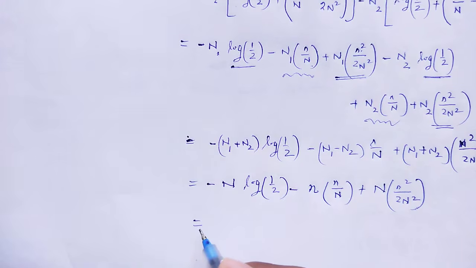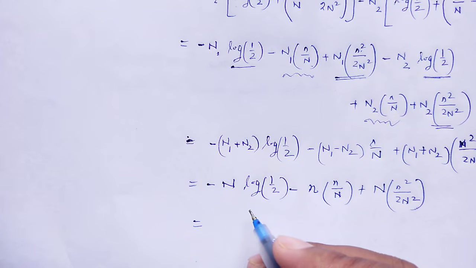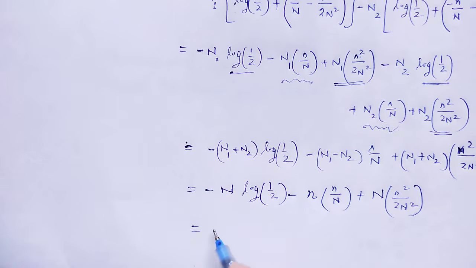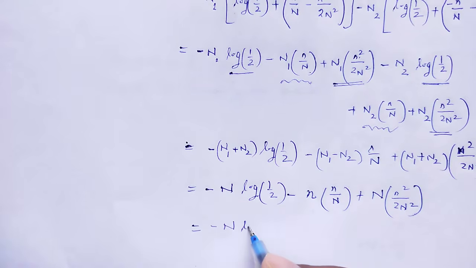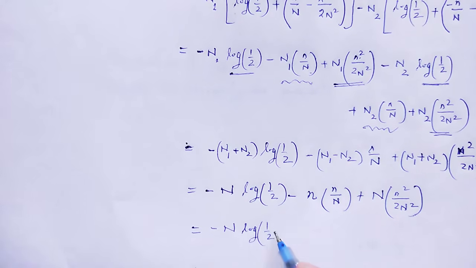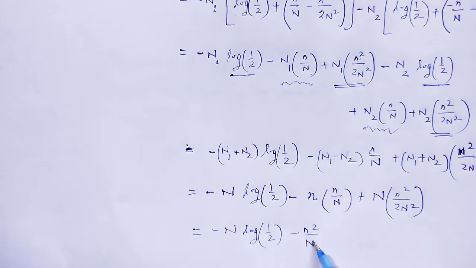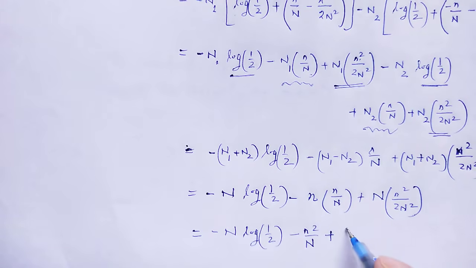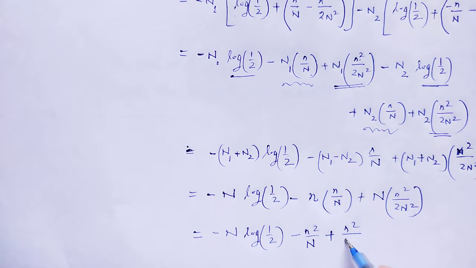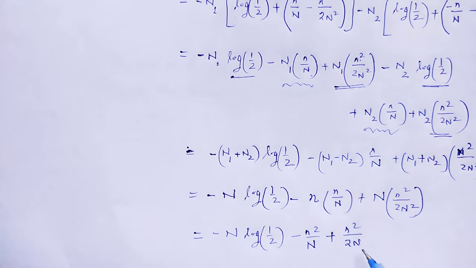Further simplify it, which is equal to minus n log half, minus n square by n plus n square divided by 2n.